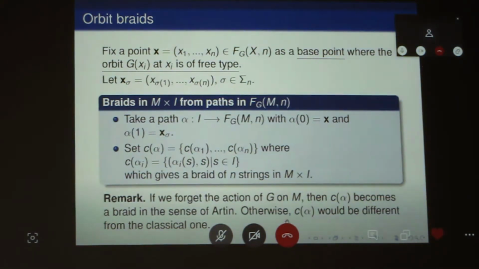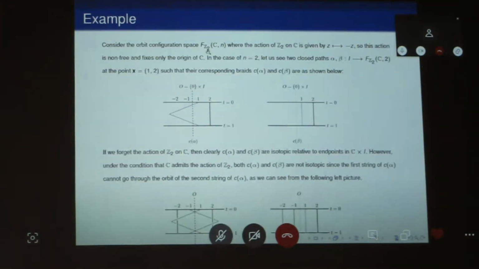Here is an example. The space is the complex plane with the Z2 action defined in this way. Now we consider the case of two strings.